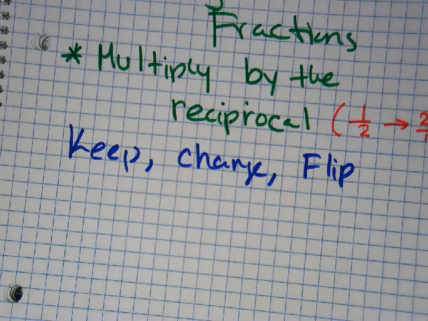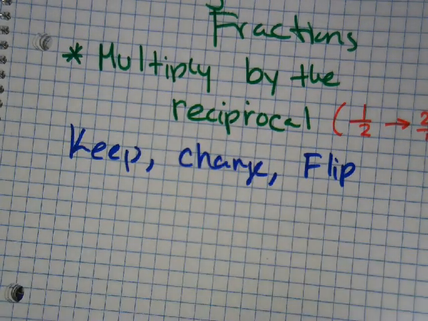Hence, what's the first thing I told you? Multiply by the reciprocal. And then some of you did learn it as keep, change, flip. It's the same thing, right? This is obviously more math. This is the correct math terminology. This is a way to help you remember it in a more normal way.